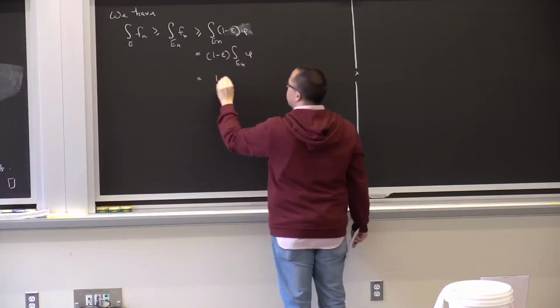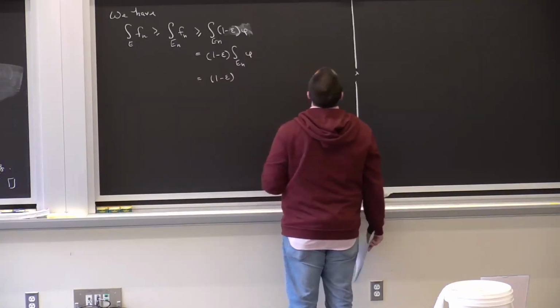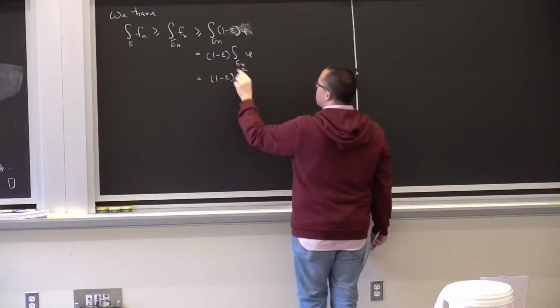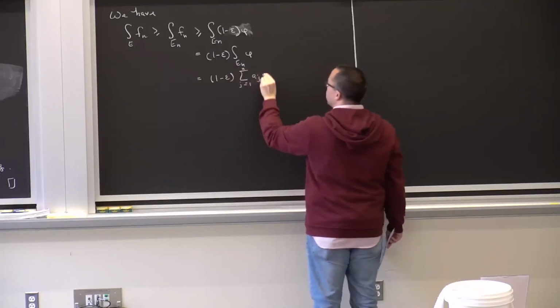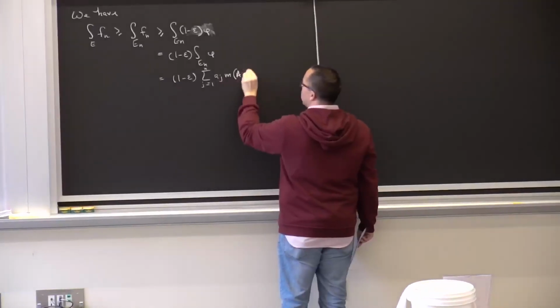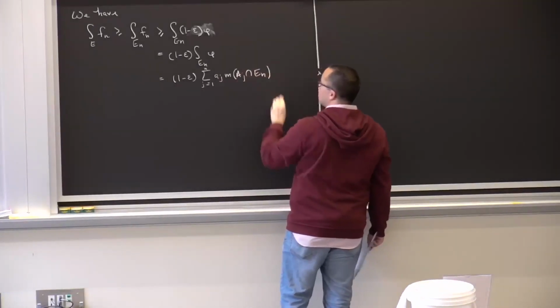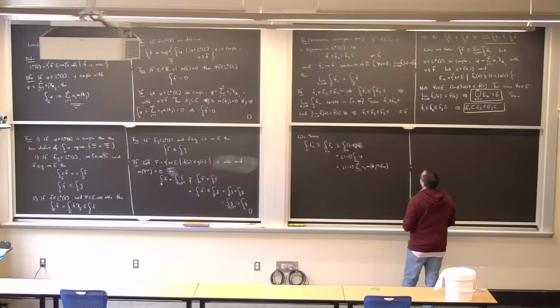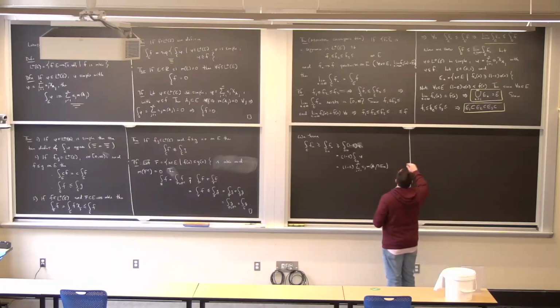And this is by definition equal to the sum from j equals 1 to n. Now over the set E sub n, I get the integral, aj, measure of aj intersect E sub n. And I made a small notational error.